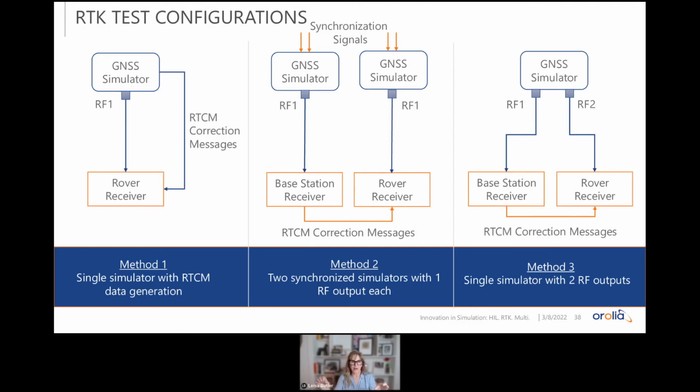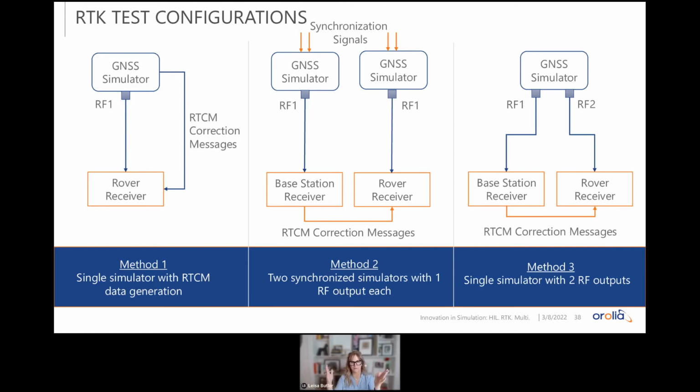If you do not have that capability and you can only do one signal or one trajectory per simulator, then you need to go with the middle configuration. One simulator sends an RF to the base station receiver, and the second simulator sends an RF to the rover receiver. Those two simulators are then synchronized with a time source.